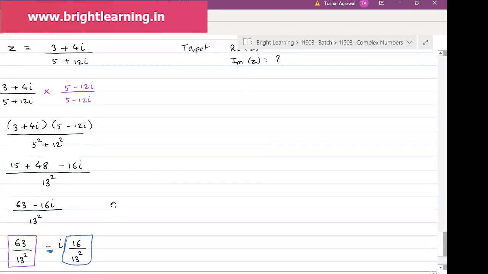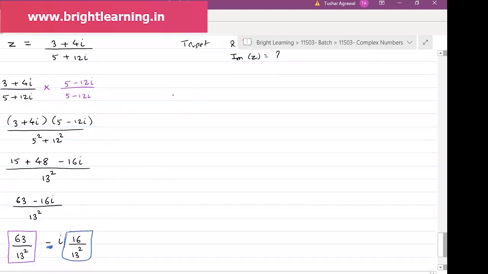Now with this knowledge, we will calculate modulus of z.